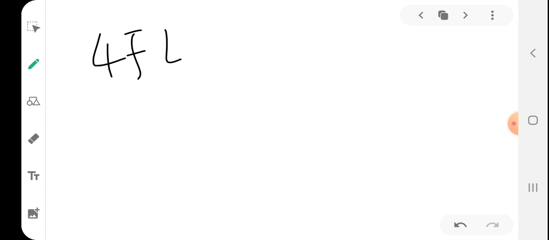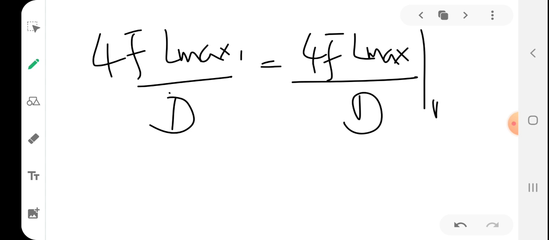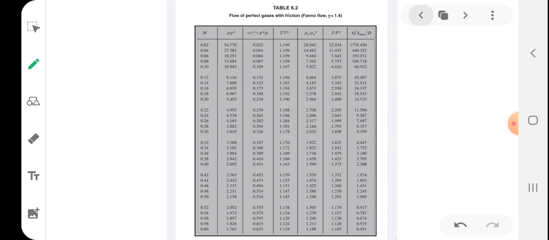For 4 f bar Lmax by d, corresponding to M1, that is 0.25.